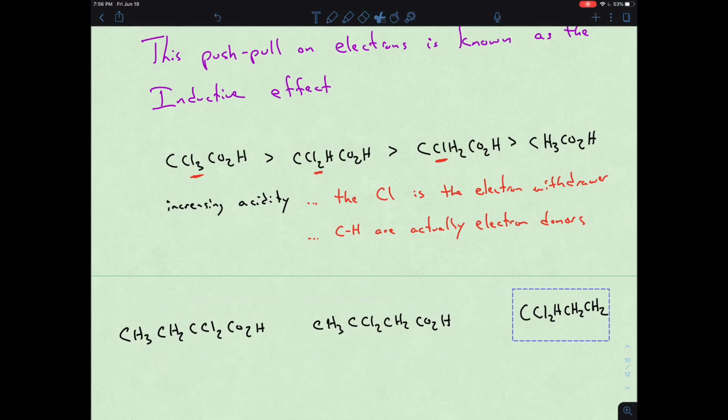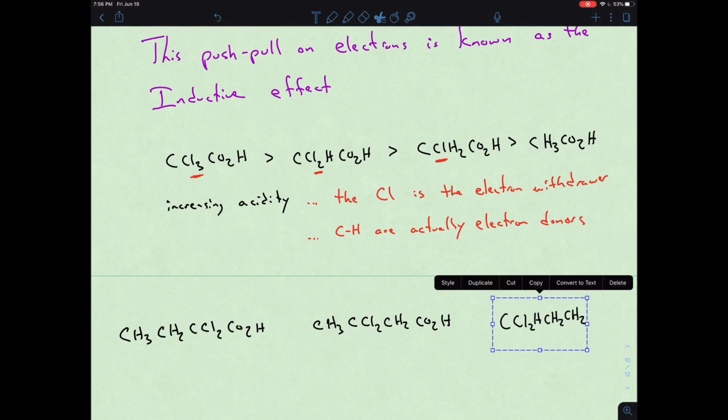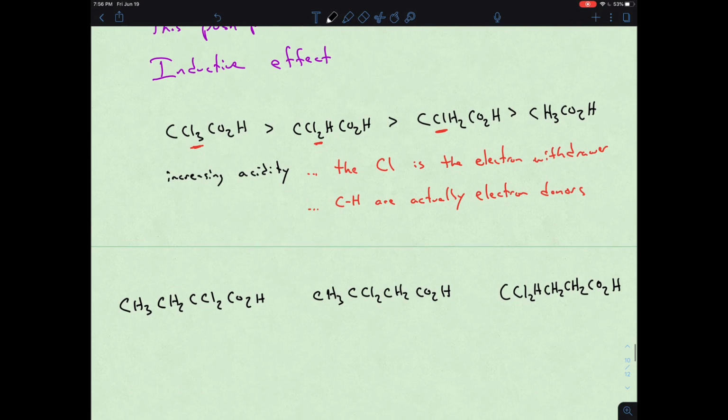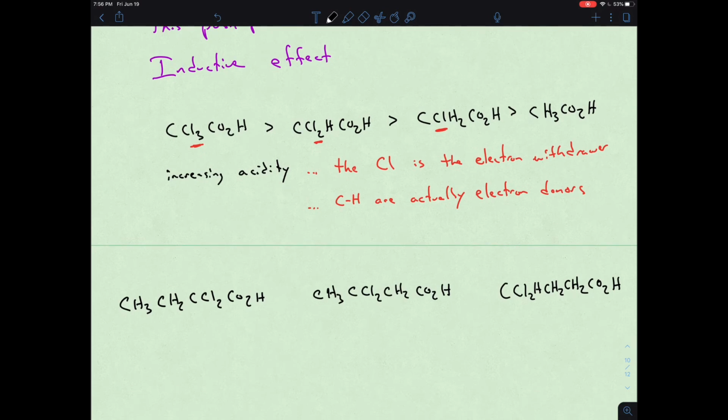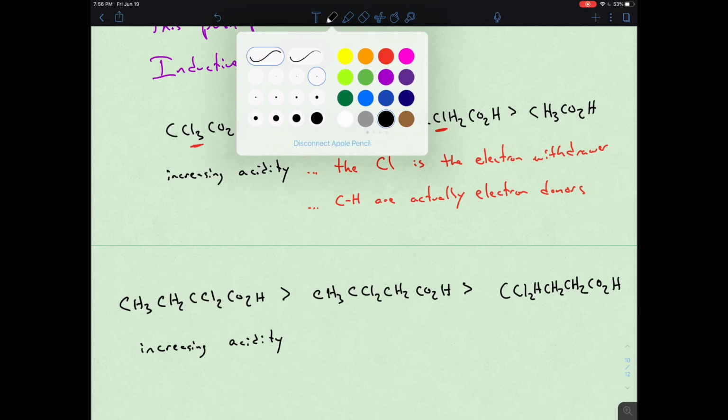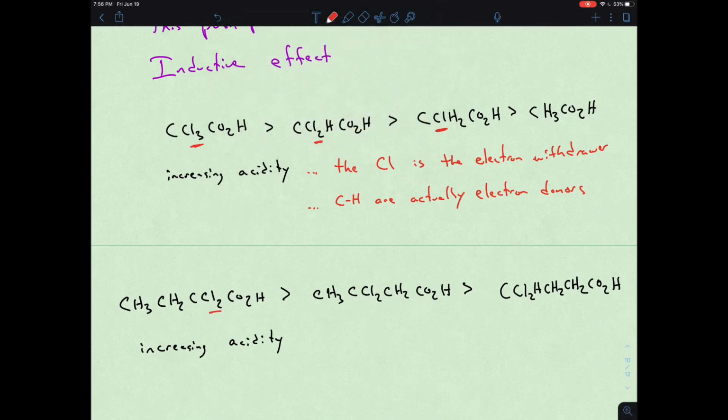What we're going to find in this example is that they all have the same number of electron withdrawing groups, but they are not all the same in terms of how close they are to the CO2H. So we still see increasing acidity from right to left, and we're seeing the chlorine being right adjacent.